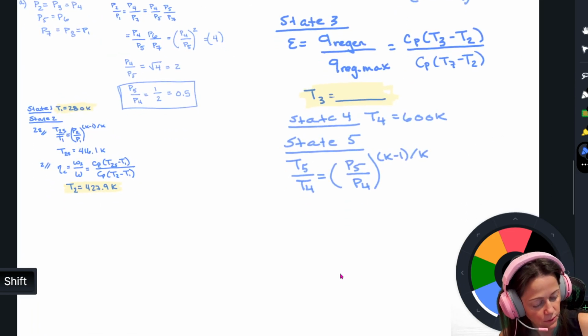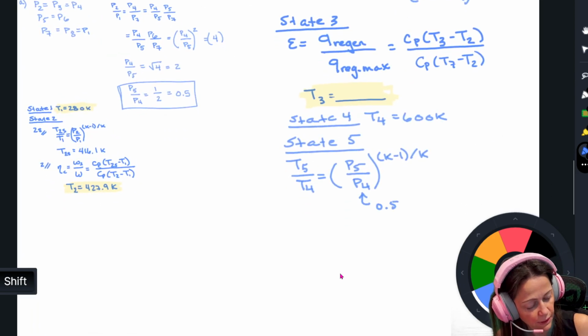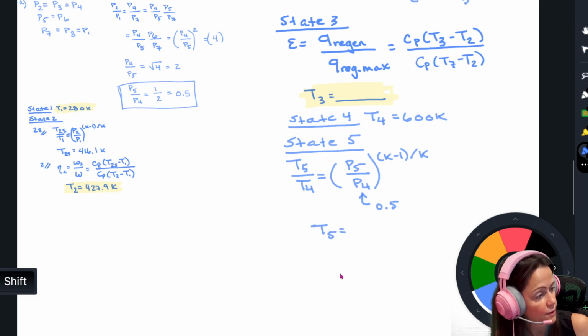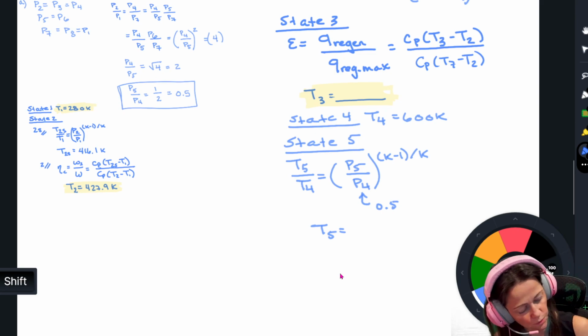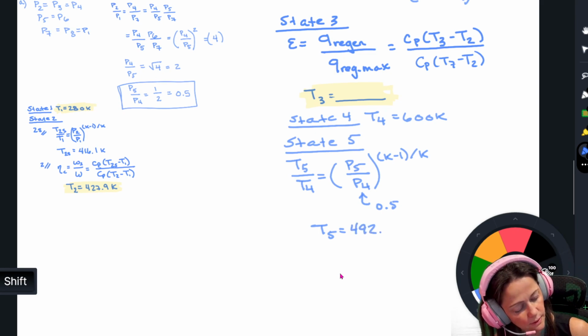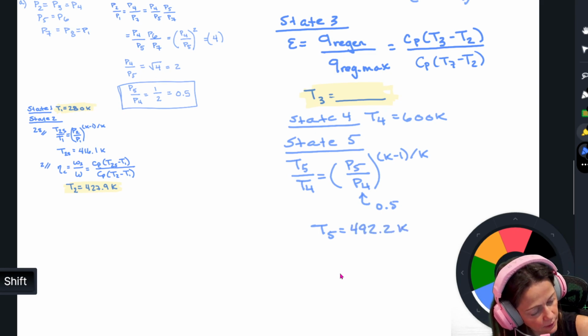So this has to be 0.5. So my T5 ends up being 492.2 Kelvin.